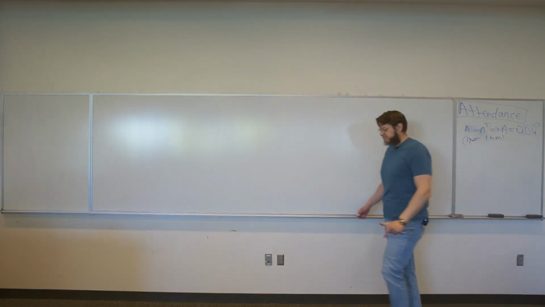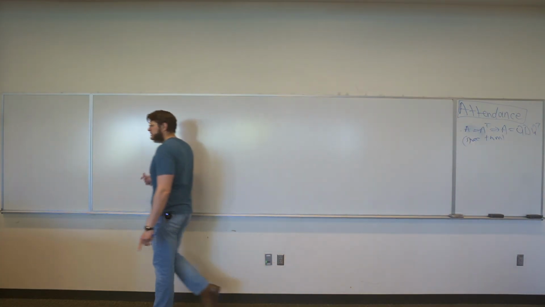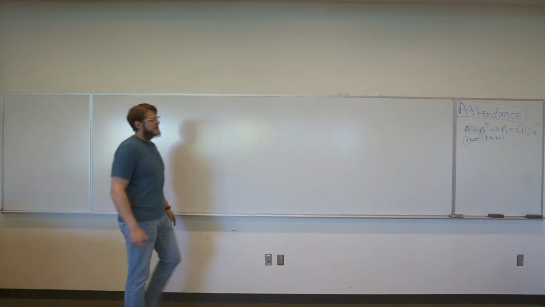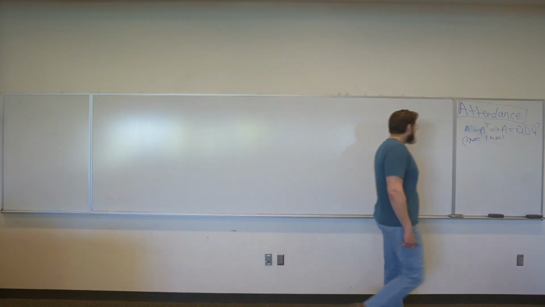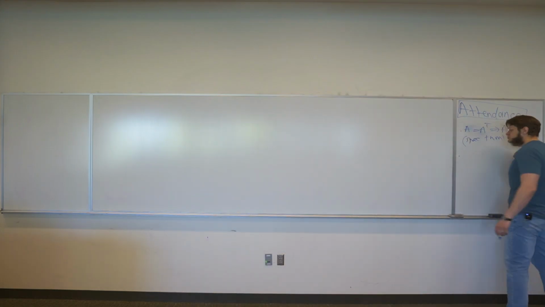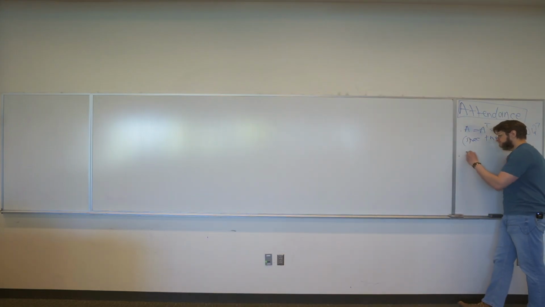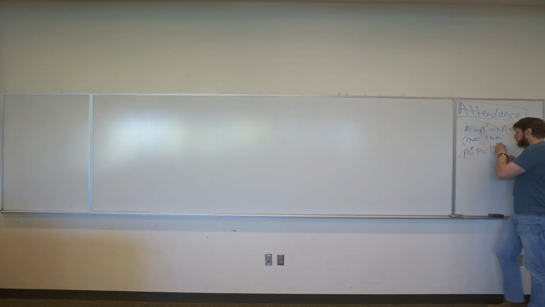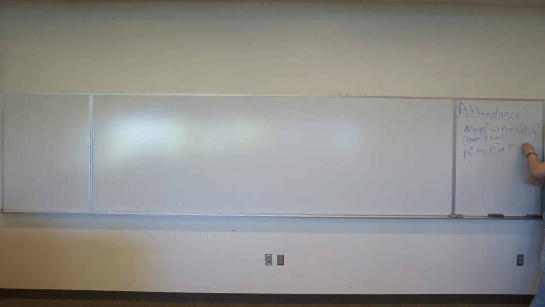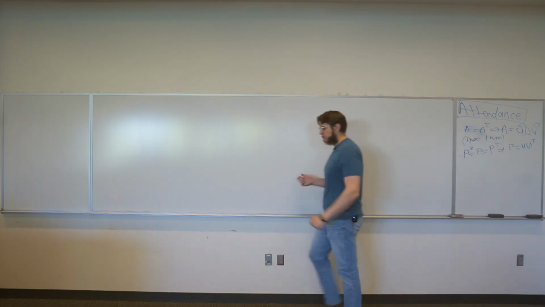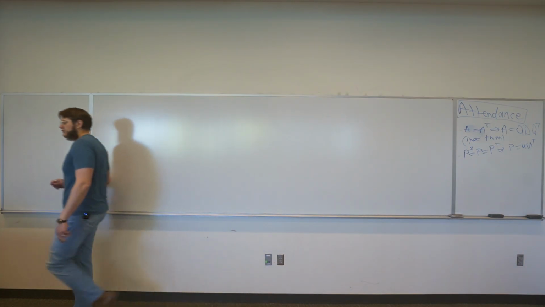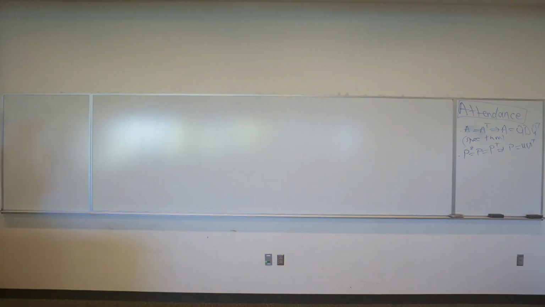What else? Well, I want to discuss how this is a generalization of this idea of representing an orthogonal projection this way, the product of a matrix with its transpose.